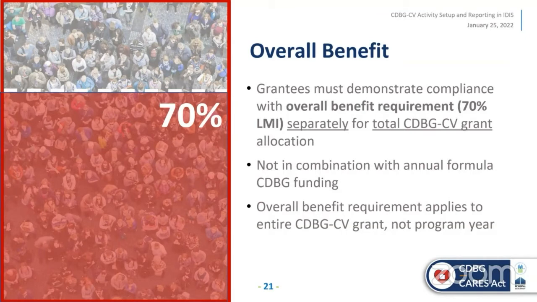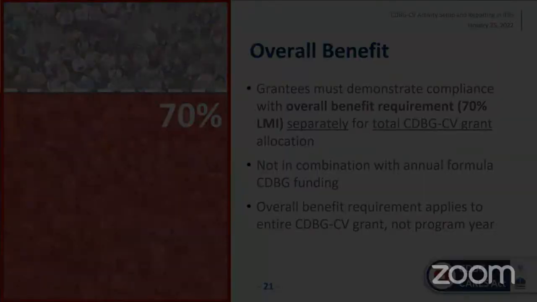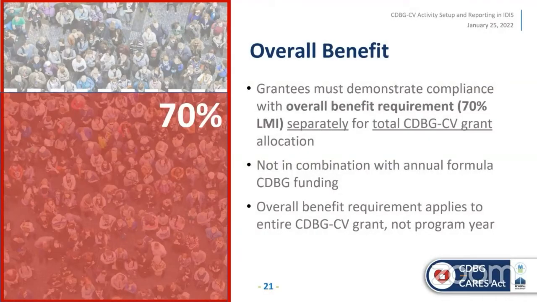And CDBG-CV also has the overall benefit test, which you can think of as the 70% LMI test. And you're making sure that all of the funds are being used, right, for LMI individuals, or that 70% are. But with CDBG-CV, it's the total CV grant that's being considered on its own.